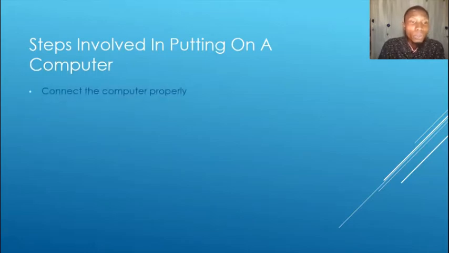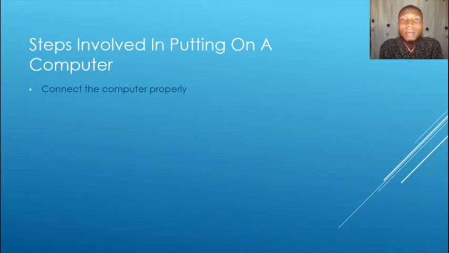So to put on the computer, the first thing you need to do is to connect the computer properly. This is for the desktop computer. Make sure all of the parts are well connected to their right ports on the system unit.